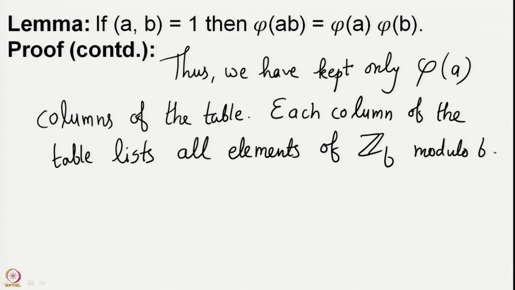We are saying that we are only going to look at the columns of the table. So, the columns, remember, they start with some element which is from 1 to A, and then you keep adding A to those elements. But A is co-prime to B, therefore, when you look at mod B, A is an invertible element.